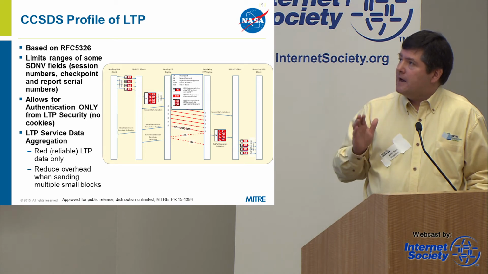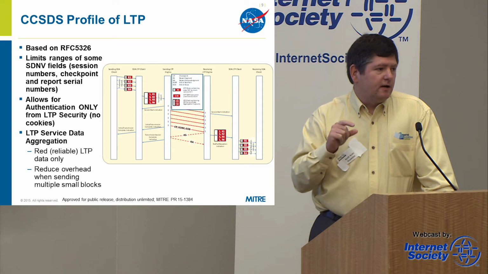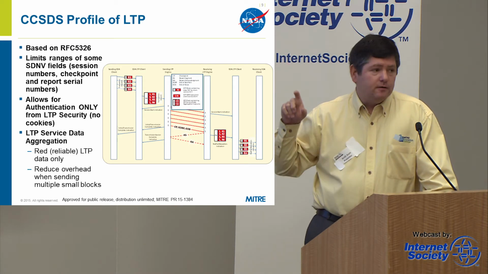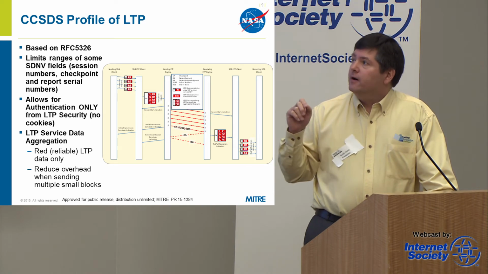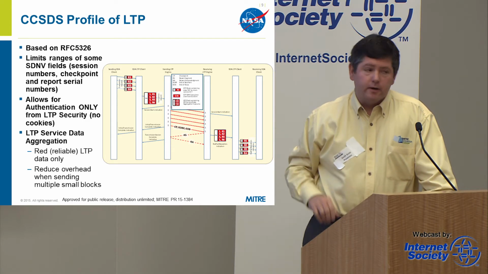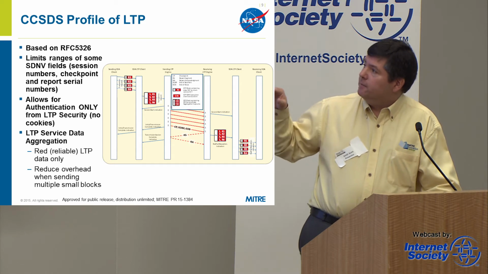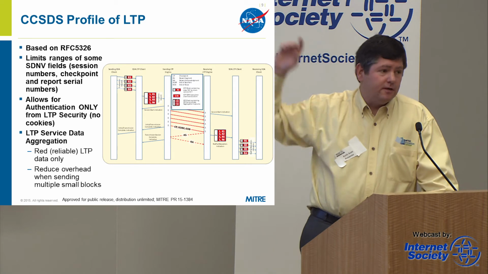The outside part adds this ability for an application to send lots of little reliable bits of data and have those all aggregated together by LTP into one LTP exchange. The point there is that you've got only one report segment and report acknowledgement exchange. I didn't draw it on here, but the space link is right in the middle between the sending LTP engine and the receiving LTP engine.